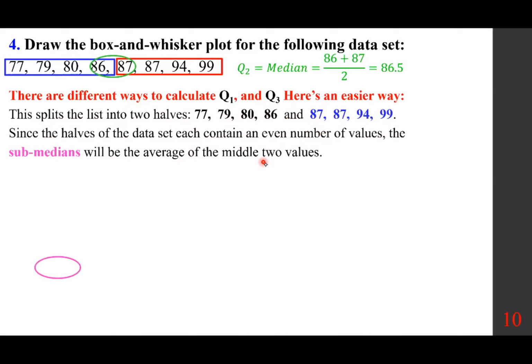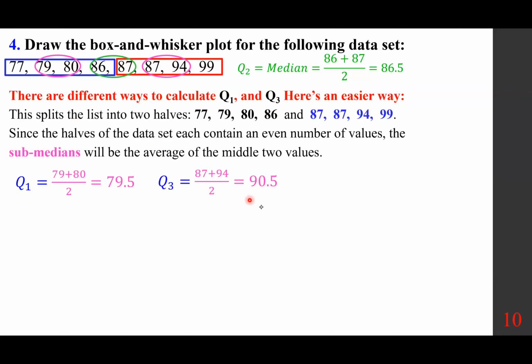So for the bottom one is here. 79 plus 80 divided by 2 is 79.5. And for the top one, 87 plus 94 divided by 2 or 90.5. So we can calculate Q sub 1, add these two, divided by 2. And for Q sub 3, add these two, divided by 2.